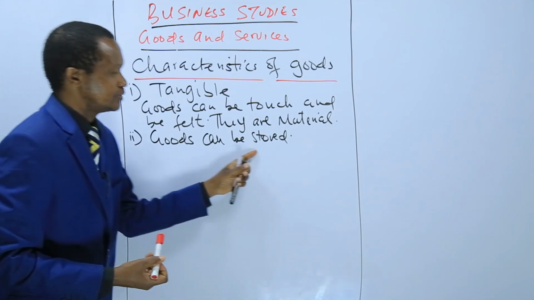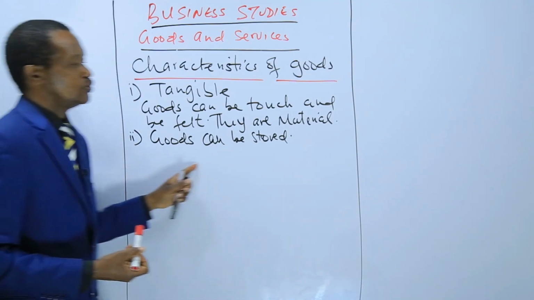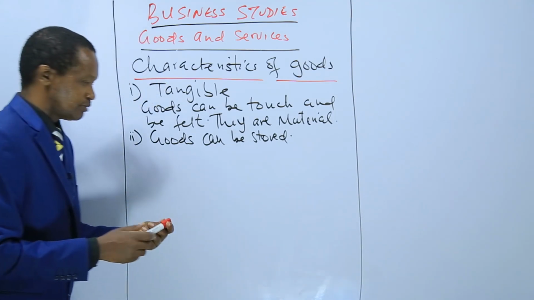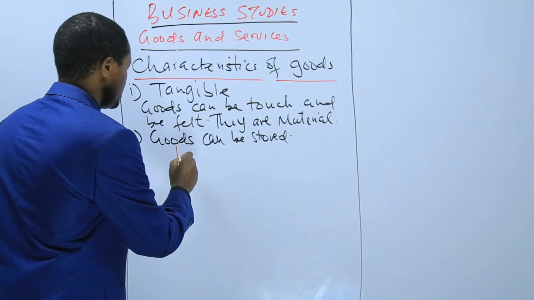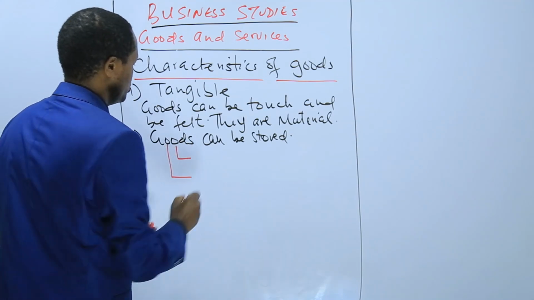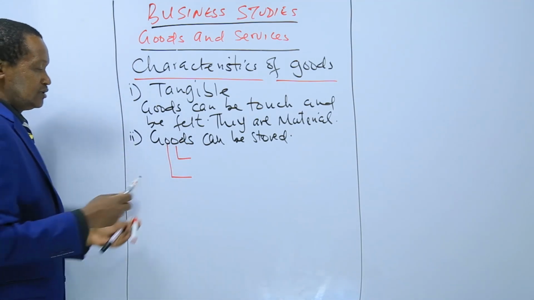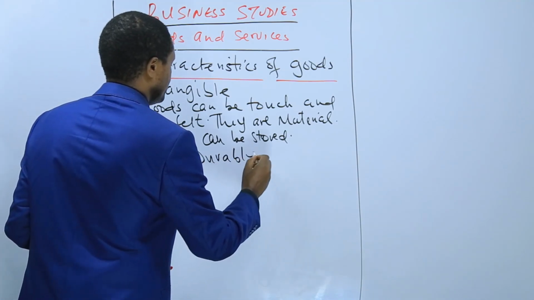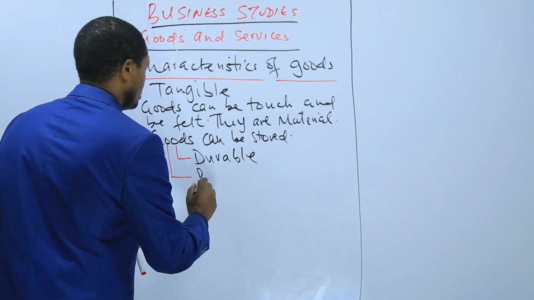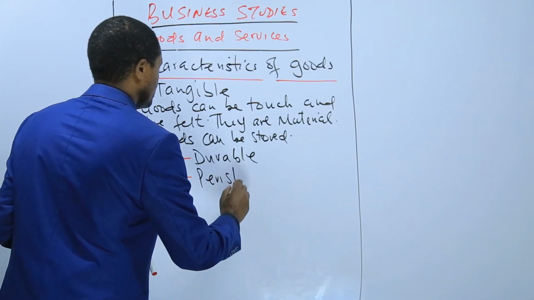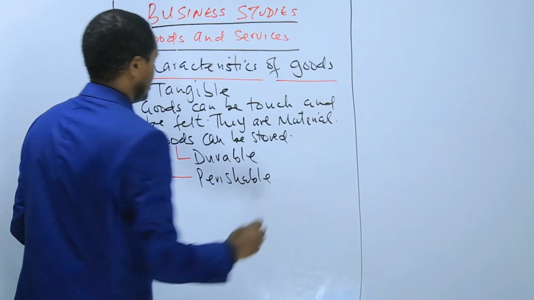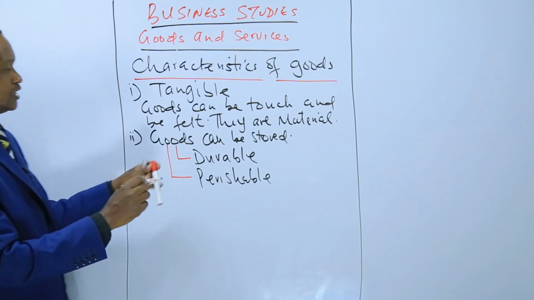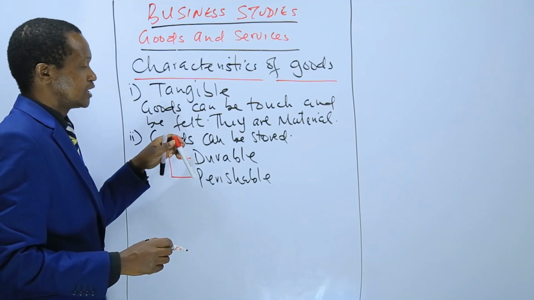So under storage, there are 2 categories of goods, perishable goods and durable goods. Durable goods can be stored for a longer period of time, but perishable goods cannot.